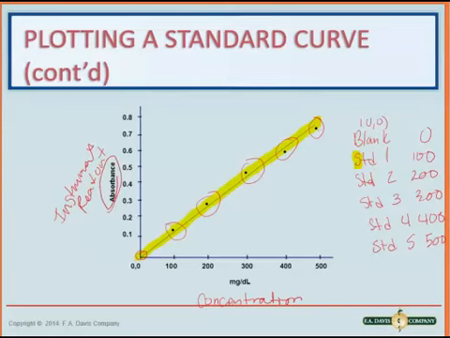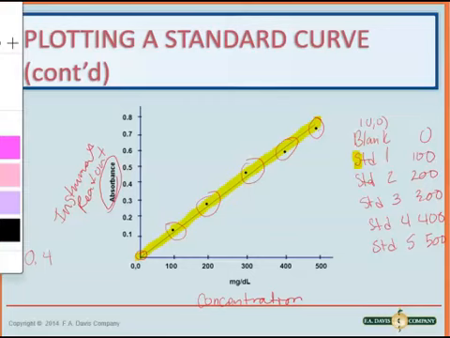Okay, that's our instrument readout, and our absorbance is 0.4. Okay, but we need the concentration. We need to know how much of that substance is actually in that sample. Say how much of that substance we're testing for. What is the concentration in that sample?